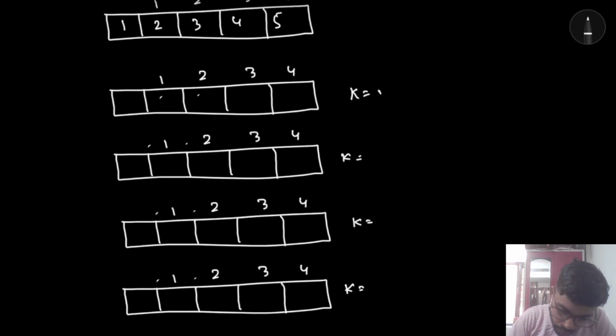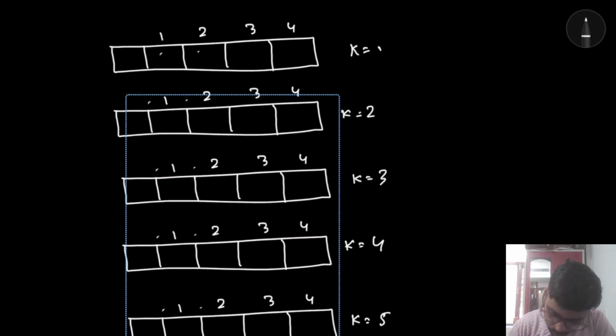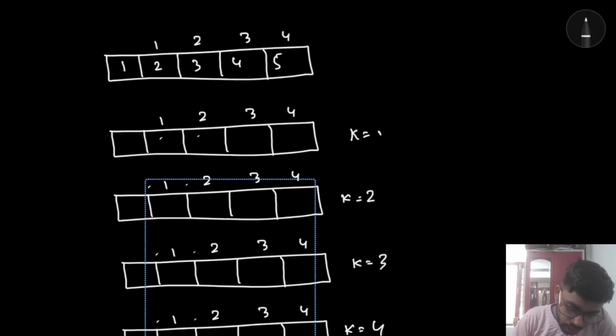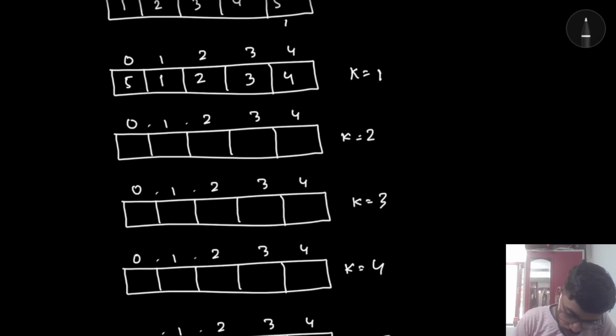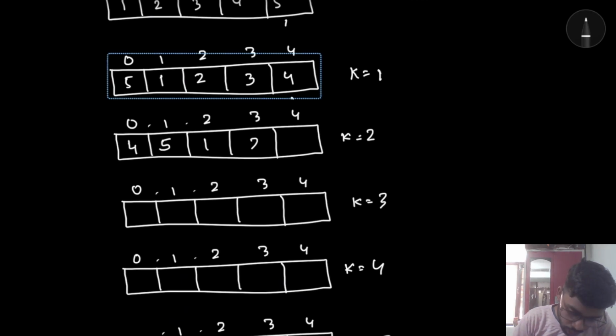Take 1, 2, 3, 4, 5. When I rotate the array by 1, this 5 will come into the 0th index, then 1, 2, 3, 4. When k equals 2, this will come into the first index, and the rest 1, 2, 3.